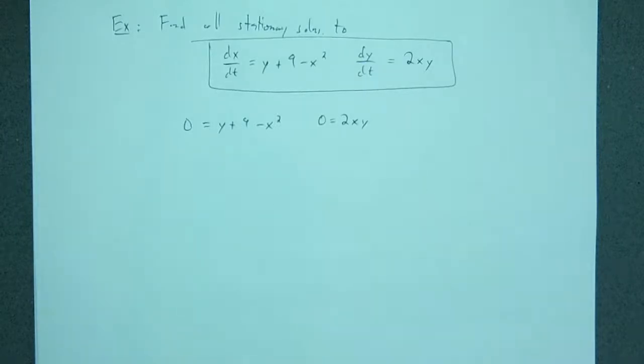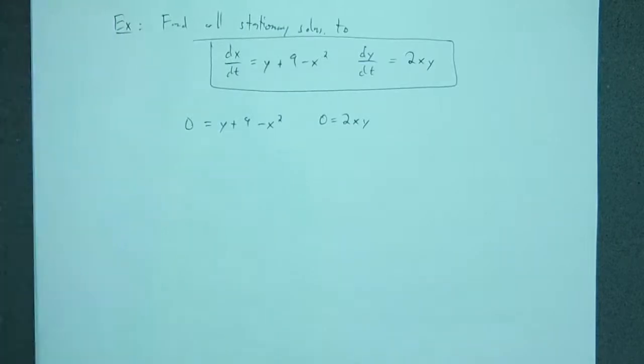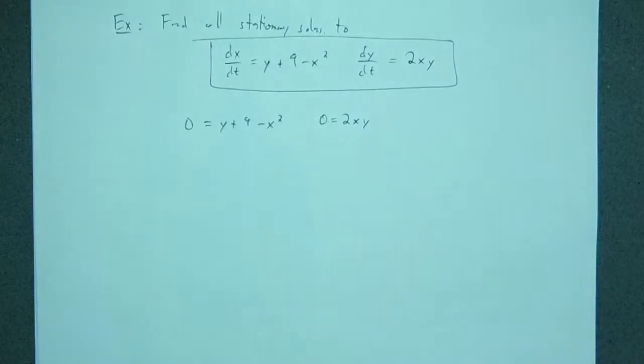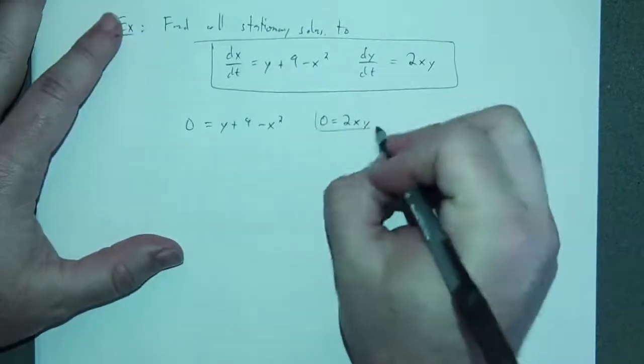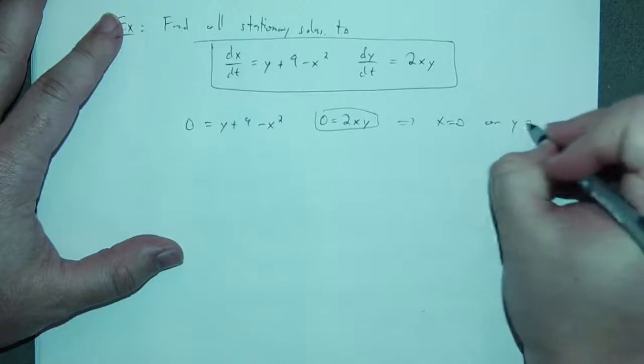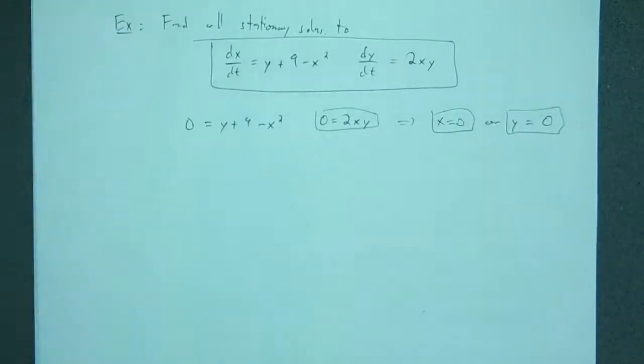So in this case, here, 2 times x times y is equal to 0. That puts a pretty hefty restriction on x and y. This means that either x or y is 0, right? Maybe both of them could be 0, but one of them has to be 0 at least, right? So we take the second thing and we say this implies x equals 0 or y equals 0. And that might require us to travel down some paths.